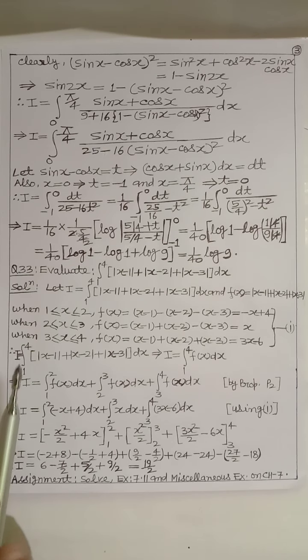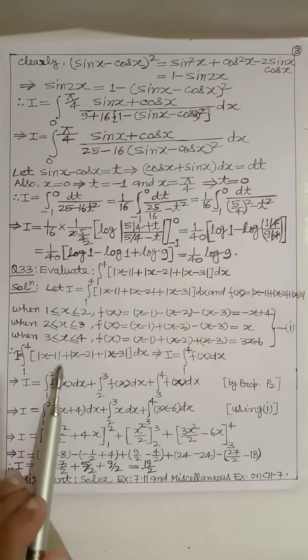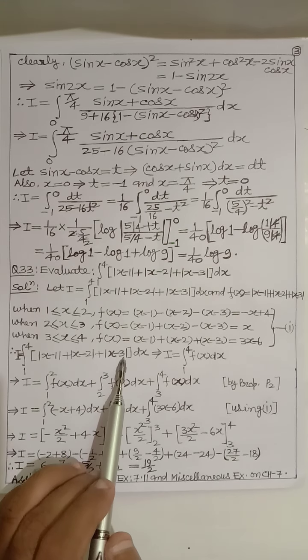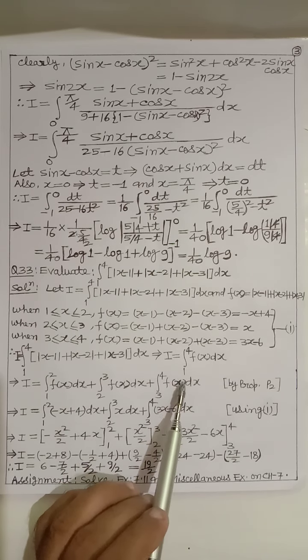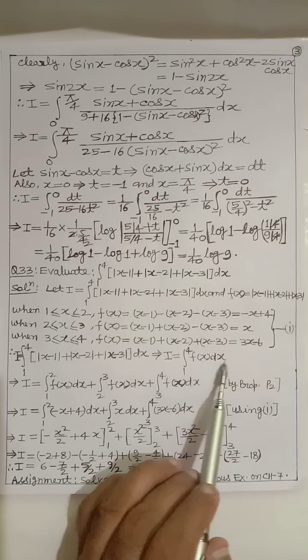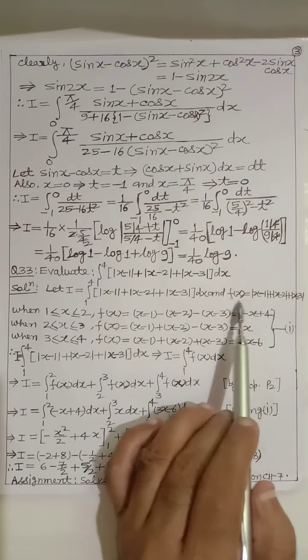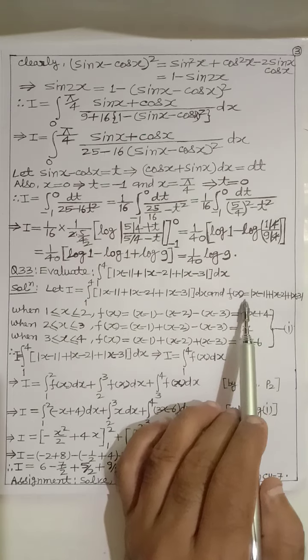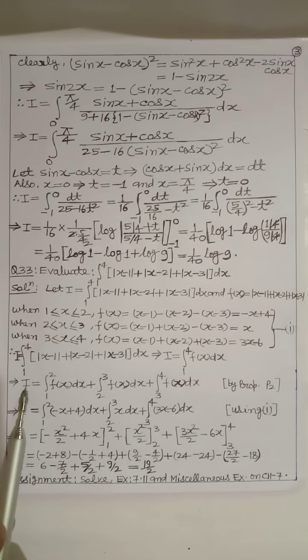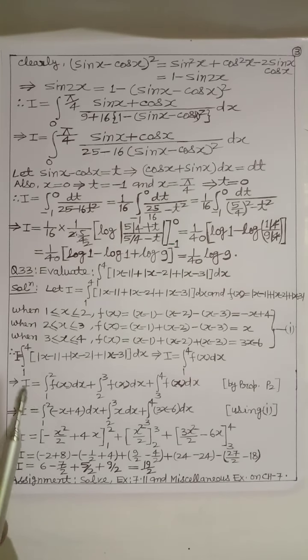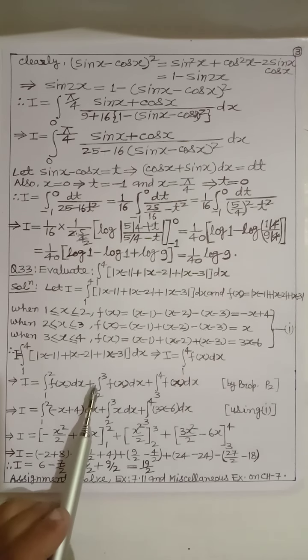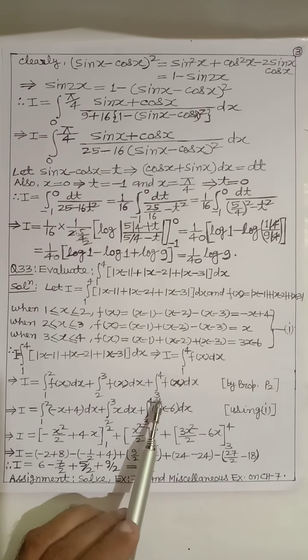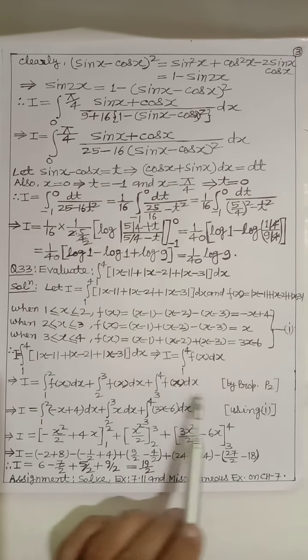Therefore I is equal to the integration from 1 to 4 of mod of x minus 1 plus mod of x minus 2 plus mod of x minus 3 dx, and this implies that I is equal to the integration from 1 to 4 of f(x) dx, because we supposed f(x) here. This implies that I is equal to the integration from 1 to 2 of f(x) dx plus the integration from 2 to 3 of f(x) dx plus the integration from 3 to 4 of f(x) dx.